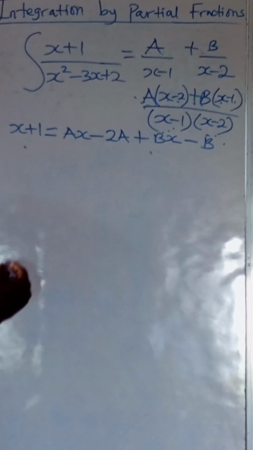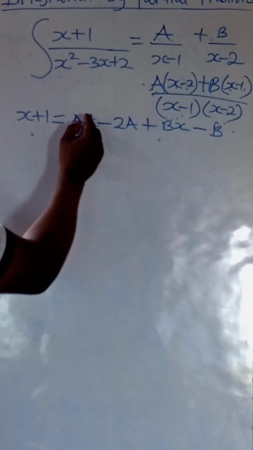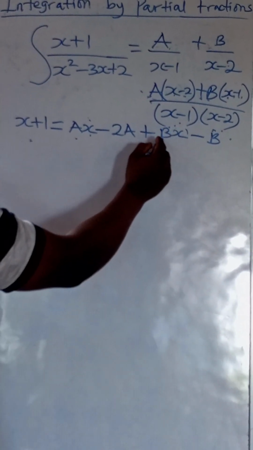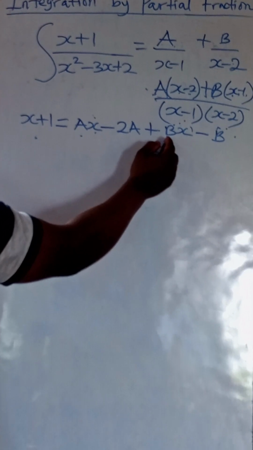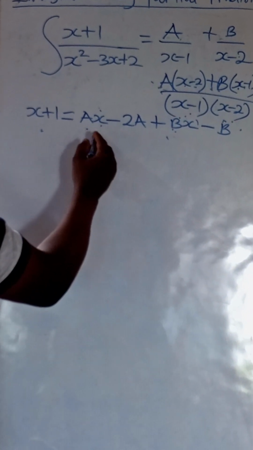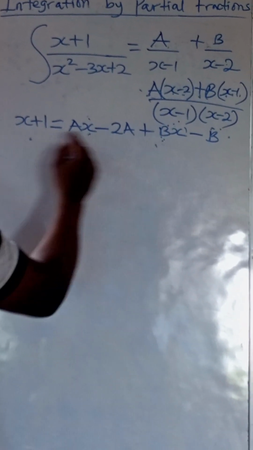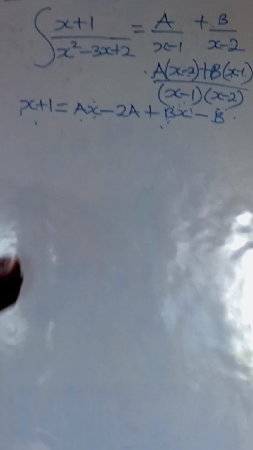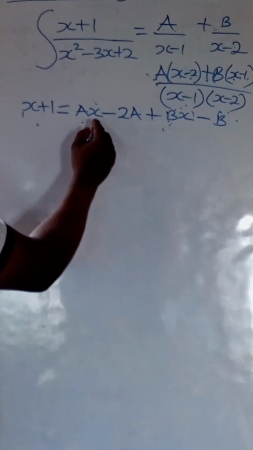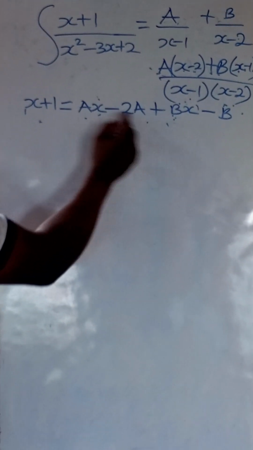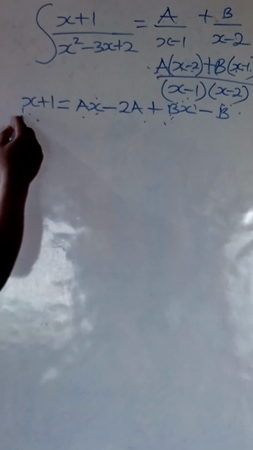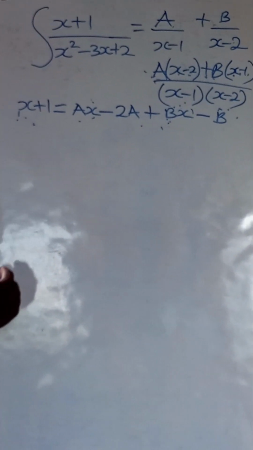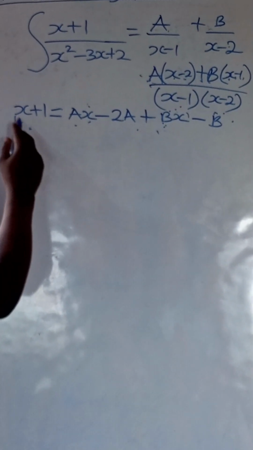So I'm going to equate the two. Look at this. This x has a coefficient of A as well as a coefficient of B. So I'm going to equate the coefficient of x at the right hand side of the equation with the coefficient of x at the left hand side of the equation. The coefficient of x at the left hand side is 1.